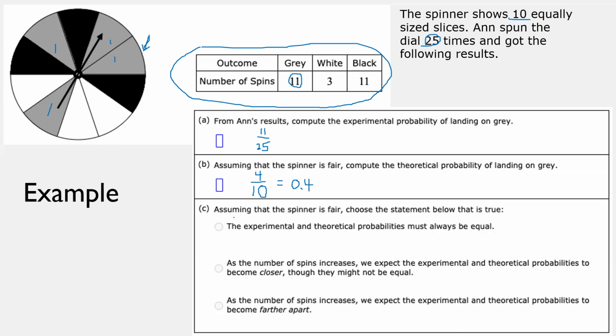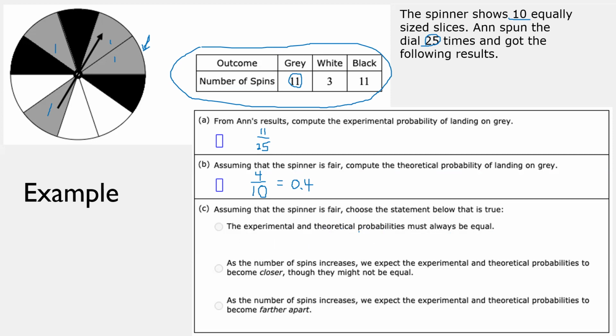Now, the question asks, assuming that the spinner is fair, choose the statement below that is true. The experimental and theoretical probabilities must always be equal. They're not usually equal, rarely is that the case, so you're not going to see that.